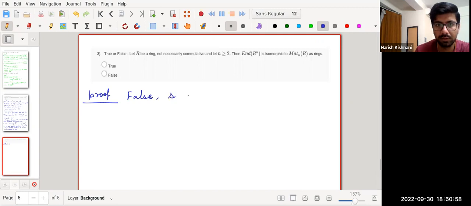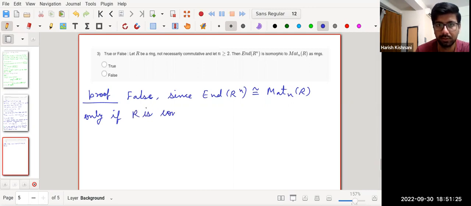since the endomorphism ring of R is isomorphic to the matrix ring of R only if R is commutative.